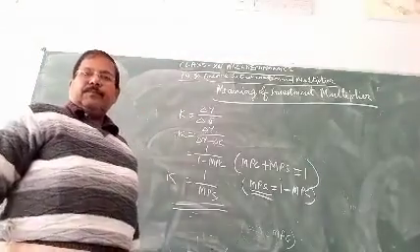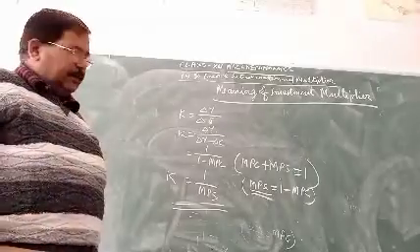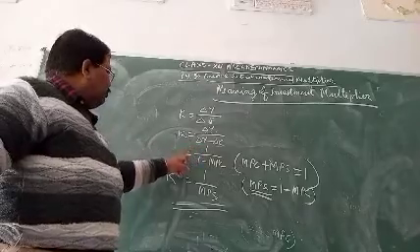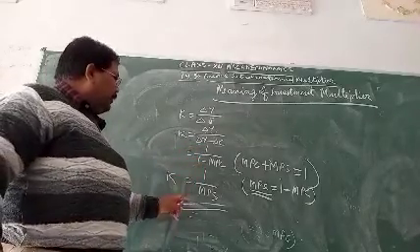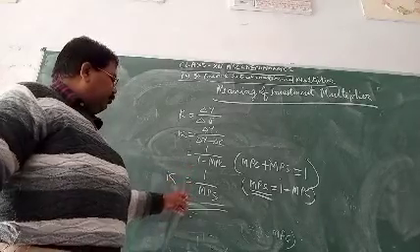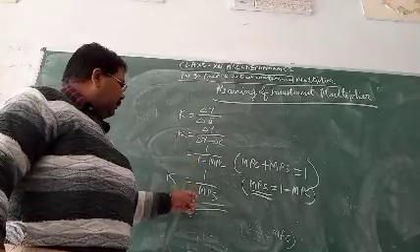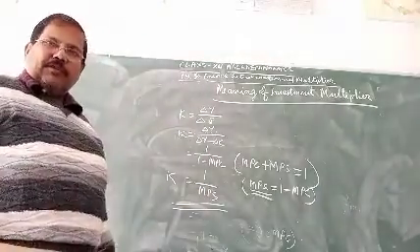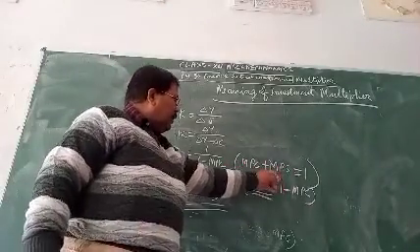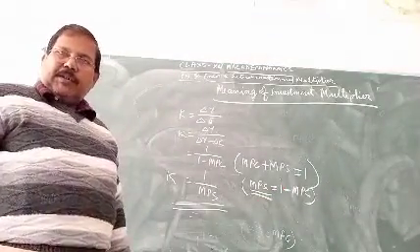Understand? You should never write that if K is equal to 1 upon 1 minus MPC, then in case of marginal propensity to save K is equal to 1 upon 1 minus MPS also. Not so. Because MPC plus MPS is equal to 1, MPS is equal to 1 minus MPC.